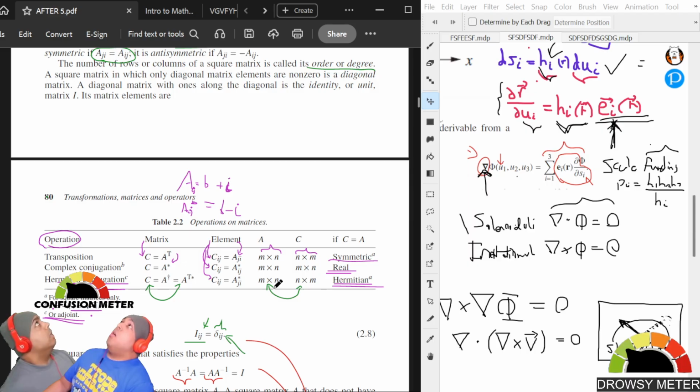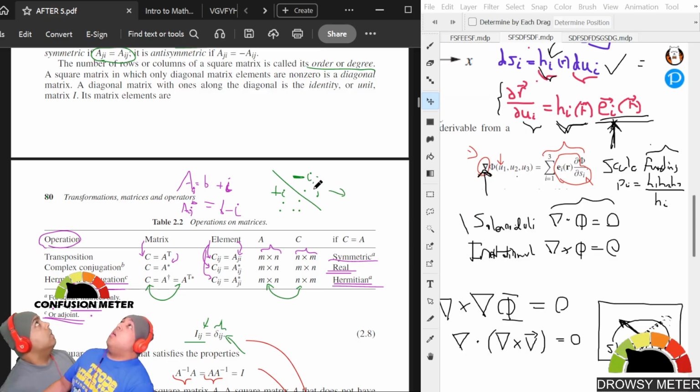Conjugate. a minus i, a plus i, a minus i, conjugate that, and flip it. Okay. Before Hermitianizing it, the minus was here, the plus i was there, the minus i was here. And we don't care about everything else.